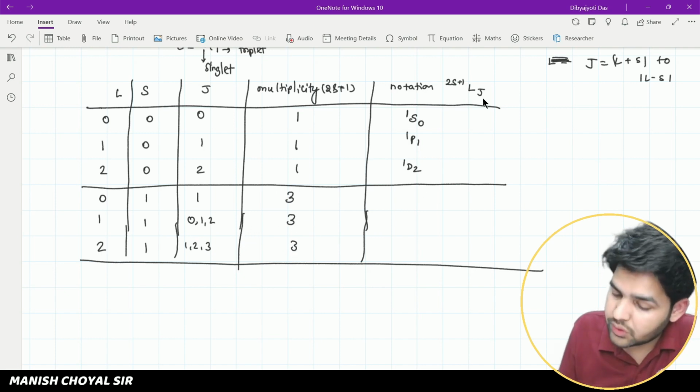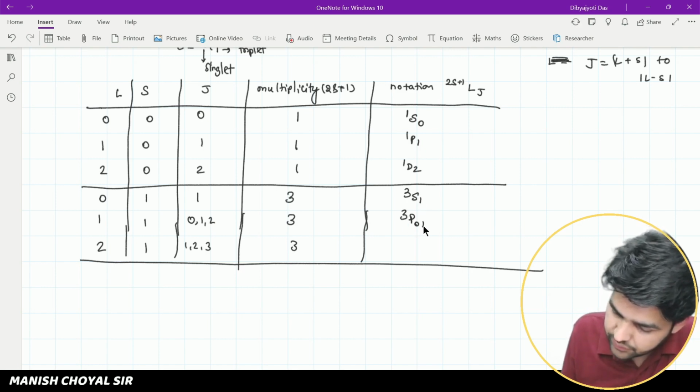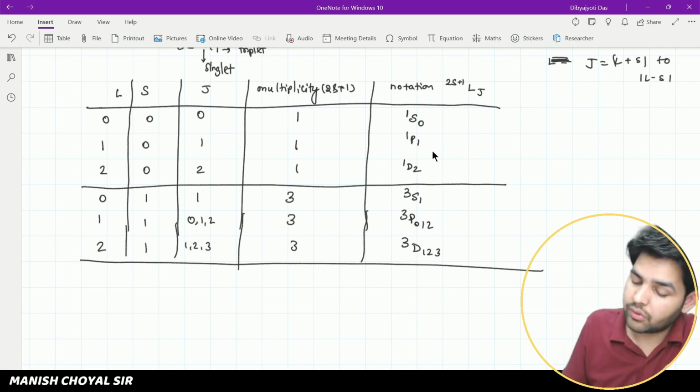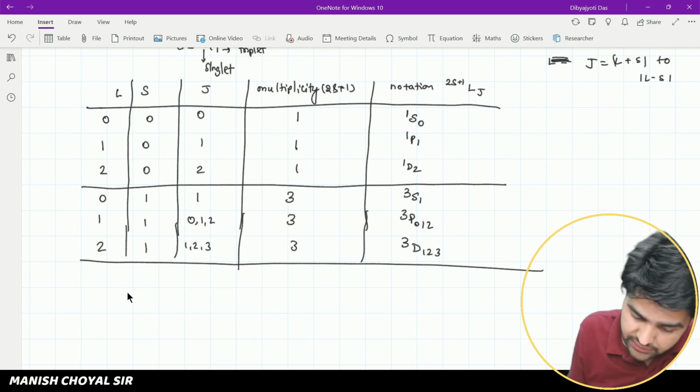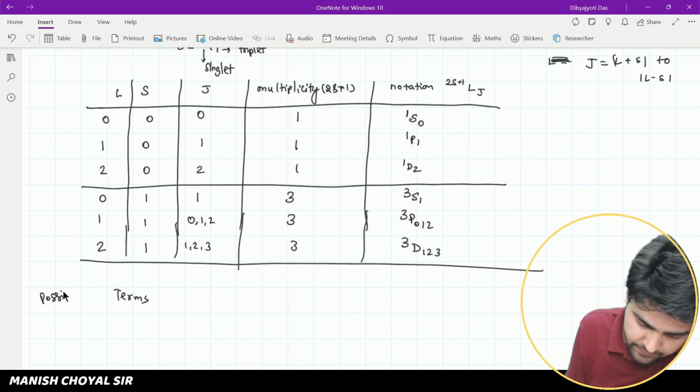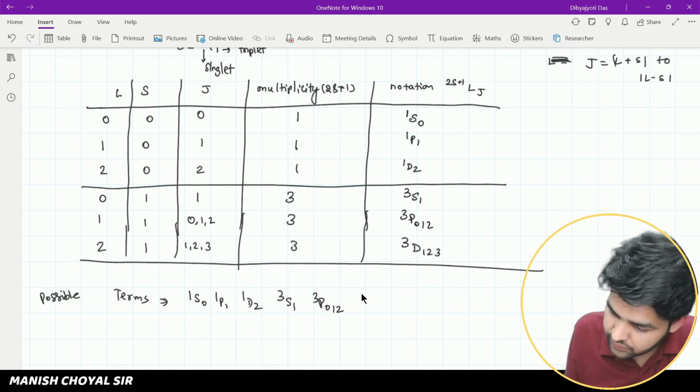Okay, so the notation is 3S1, 3P0,1,2 and 3D1,2,3. So we get all possible spectroscopic terms: 1S0, 1P1, 1D2, 3S1, 3P0,1,2 and 3D1,2,3.